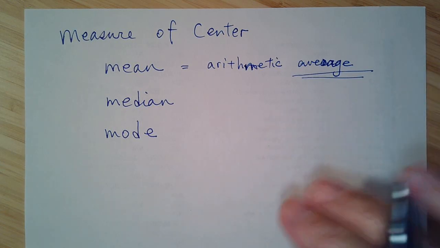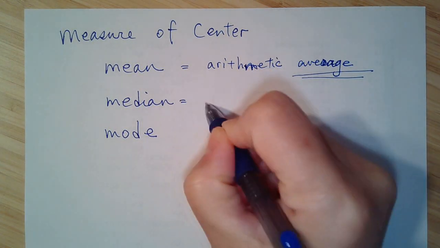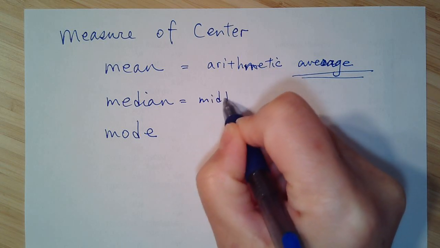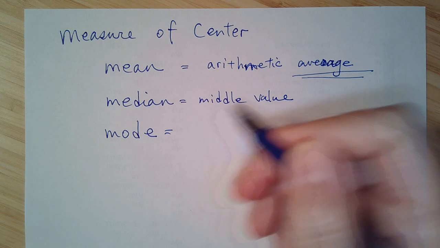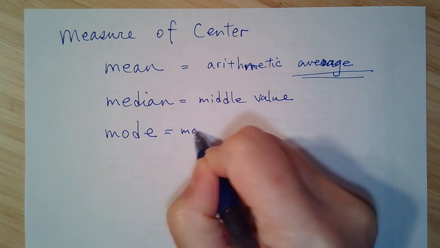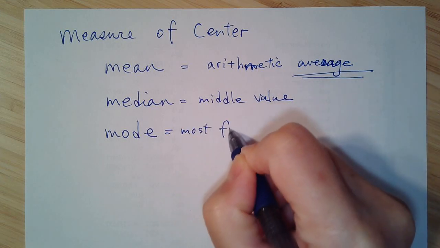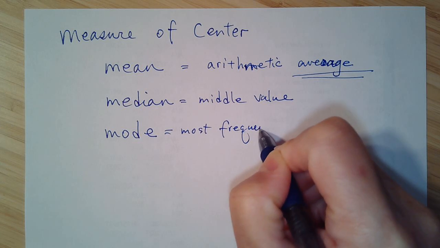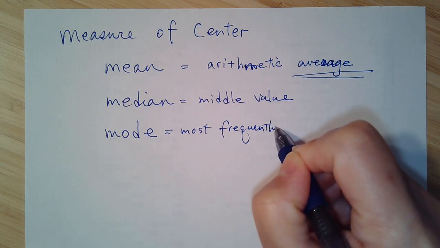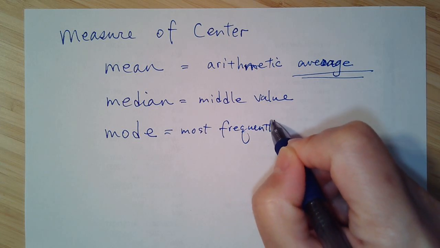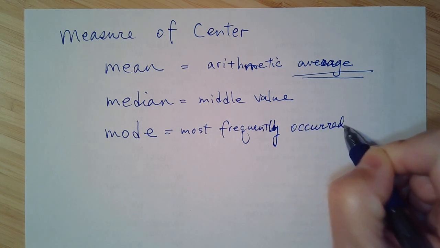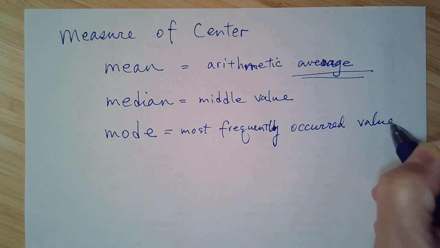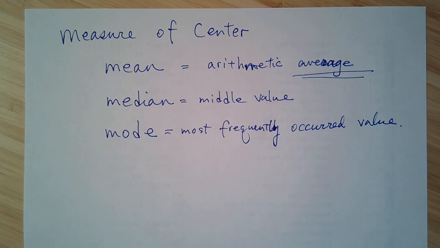We always use mean. The median is the middle value. And the mode is the most frequently occurred value.